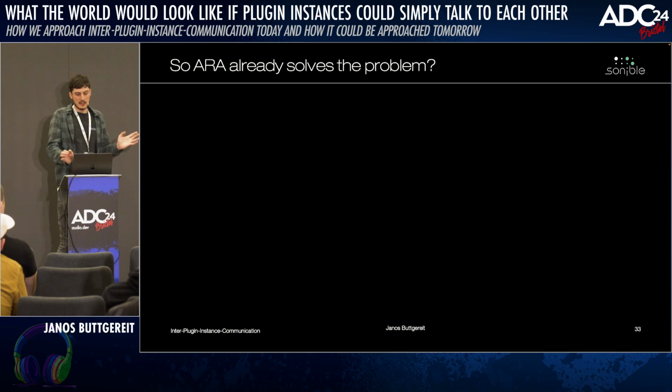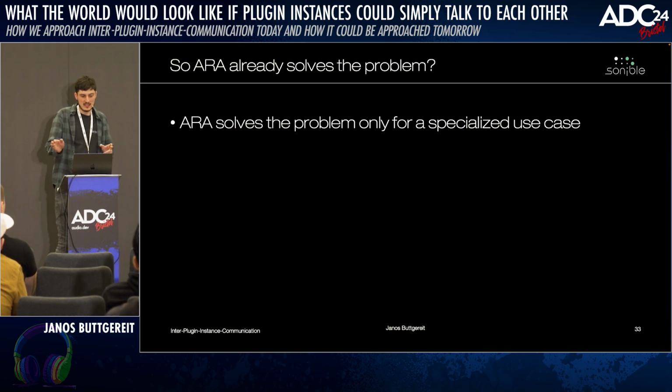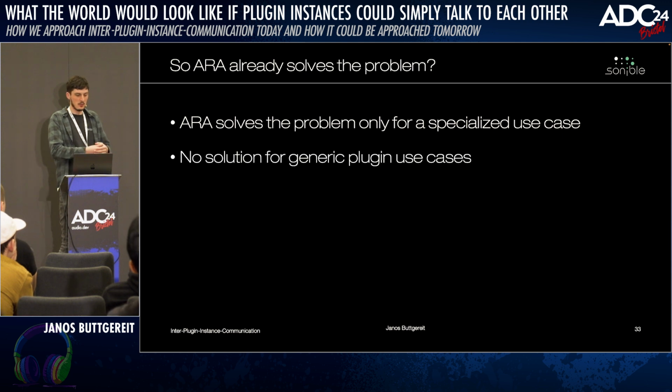But does ARA already solve the problem? I don't think so. It solves the problem for a very specialized use case where you want to access audio data that is on your file system. There's no solution for generic plugin use cases.